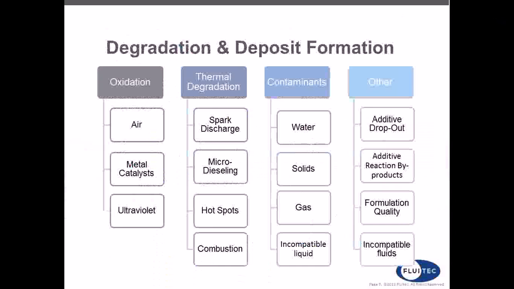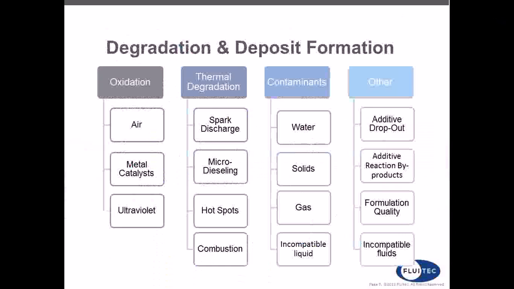Some of these events include spark discharge, which is the accumulation of static electricity and then the release of the static electricity somewhere in the oil. And we have seen more and more spark discharge events happening in the field. Predominantly this is because a lot of new oil formulations now are more highly refined.